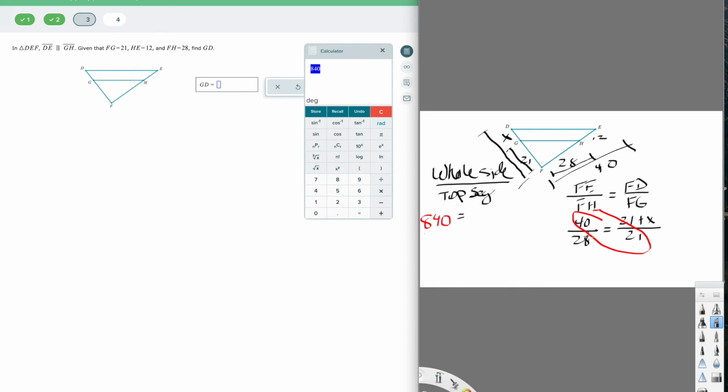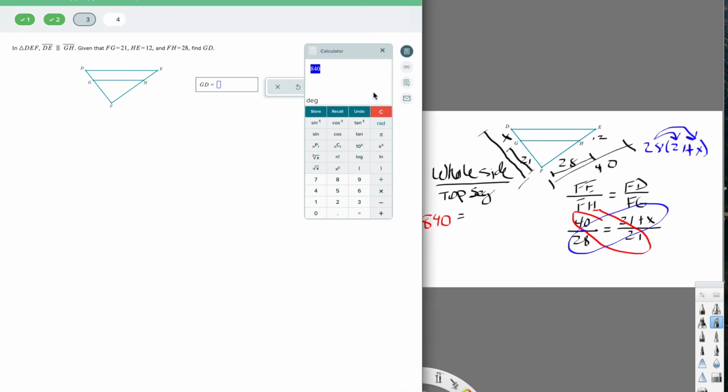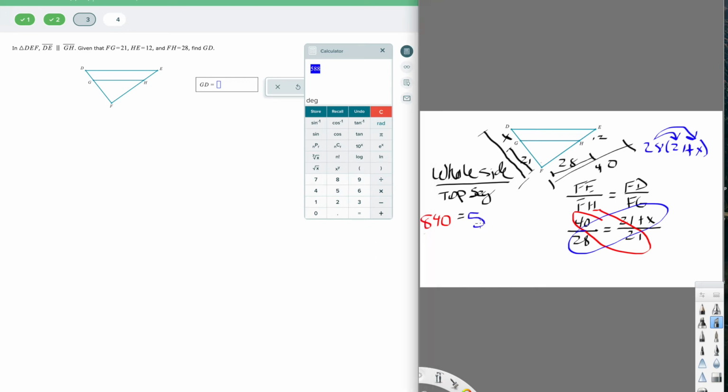So remember, you're distributing, this is 28 times 21 plus X. It's in this parentheses. I have to distribute this 28 to both pieces. So I need to go 28 times 21, and that gives me 588 plus 28x.